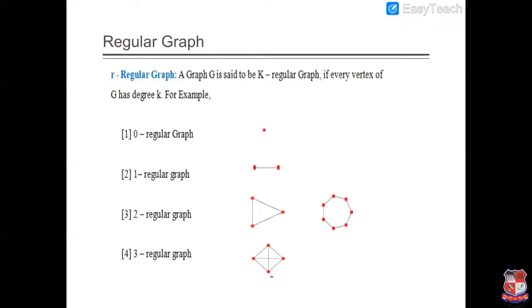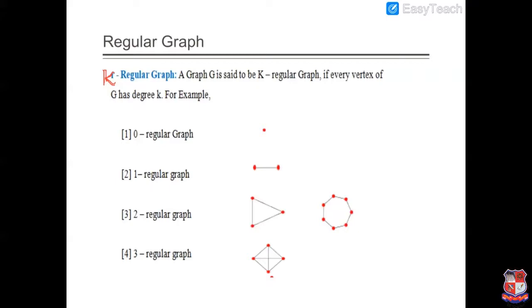Now the r regular graph. A graph G is said to be a K regular graph or r regular graph if every vertex of G has degree K. For example, 0 regular graph.